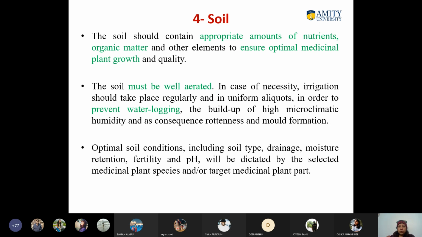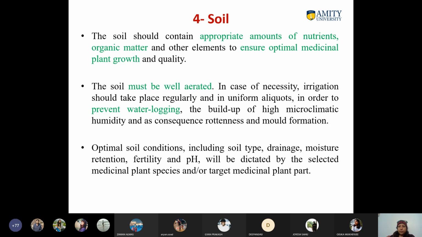Okay, so you have to ensure कि आपकी जो भी soil है, it should be well aerated, and वहाँ पे water logging की condition, it should not be susceptible to the water logging. Okay, so it should have a good drainage, soil drainage, moisture retention should be there, it should be fertile, और उसकी जो pH है, that is also selected according to the growth requirement of your plant.